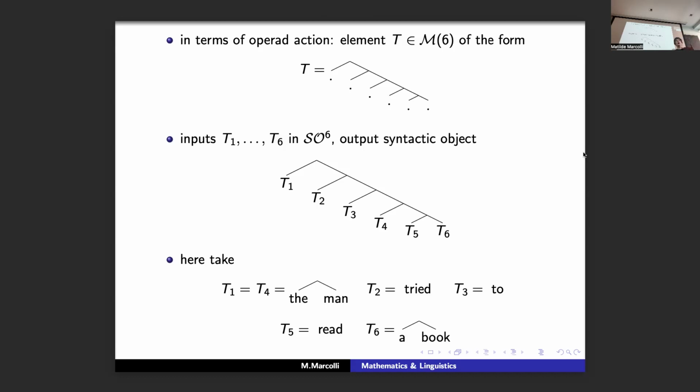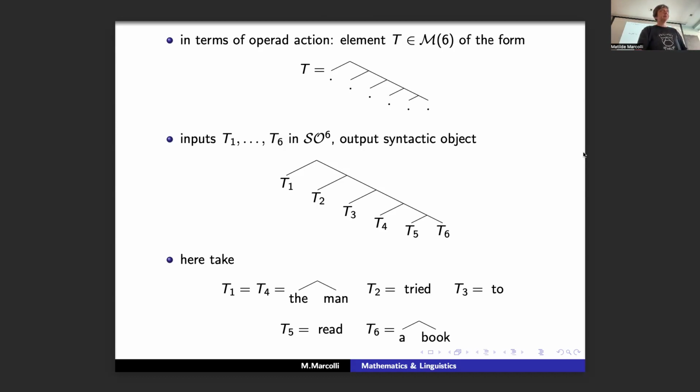But now these two are bound together into a single structure, where I'm also imposing a constraint, which is that these two roles that the man has in this sentence have to be identified, because it is the same. You could have sentences in which the same syntactic object occurs with two different roles, but here you are actually marking that it is the same.